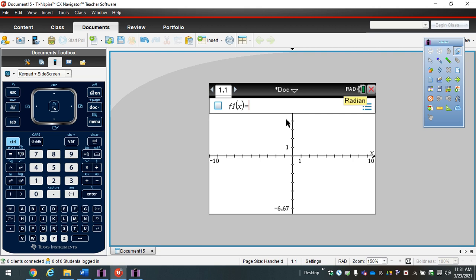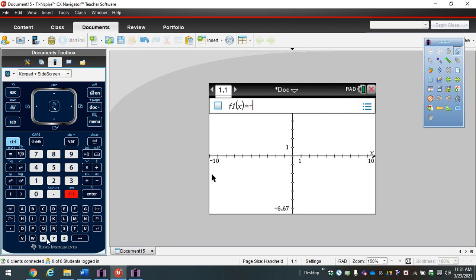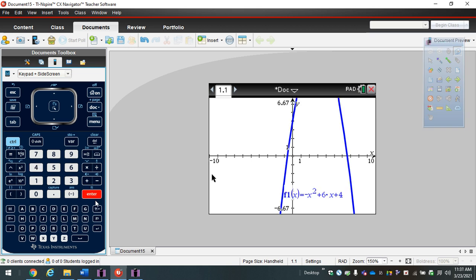So let me come back to the calculator. It's going to be a negative x squared plus 6x plus 4. Wow, maybe I'm talking too much. Let's go, let's go, let's go. Ready? What is that there? Okay, so right there, I have my graph.